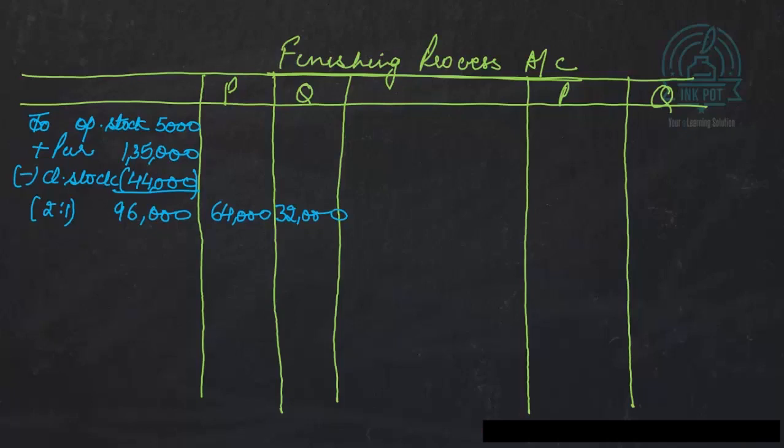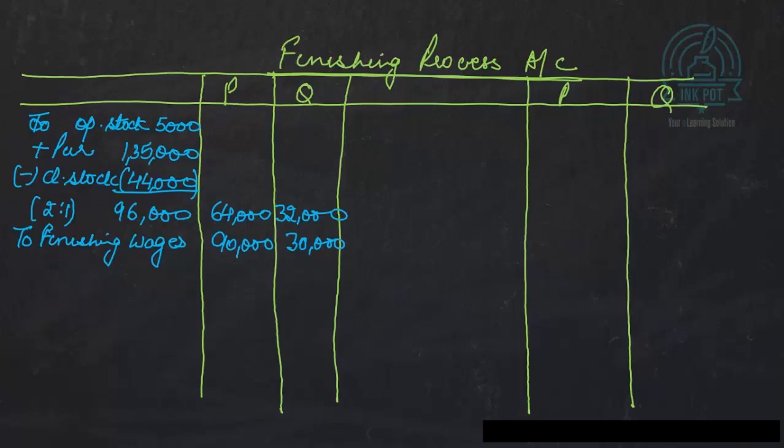Now after this we will write finishing wages. So finishing wages are 90,000 and 30,000.